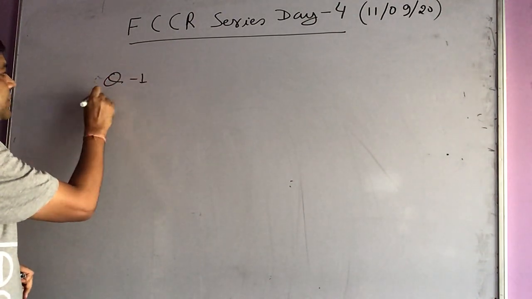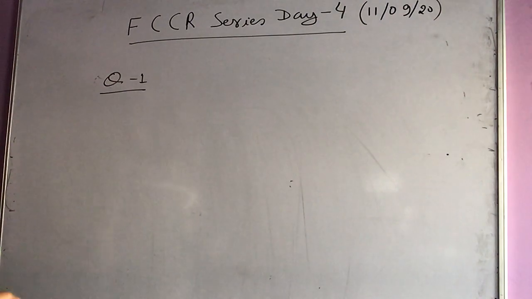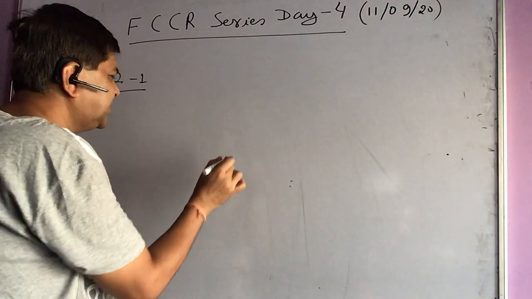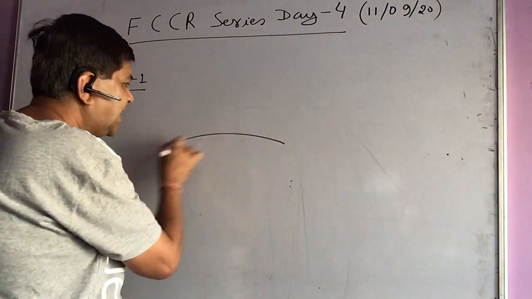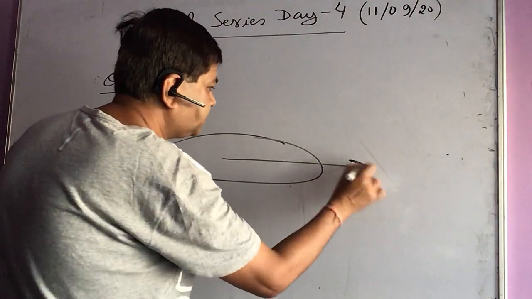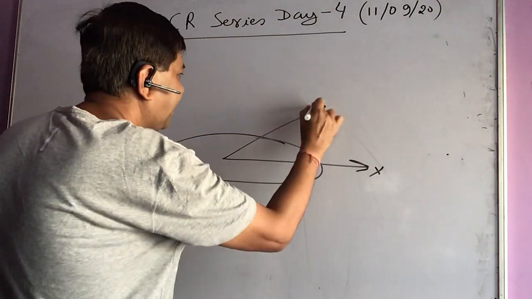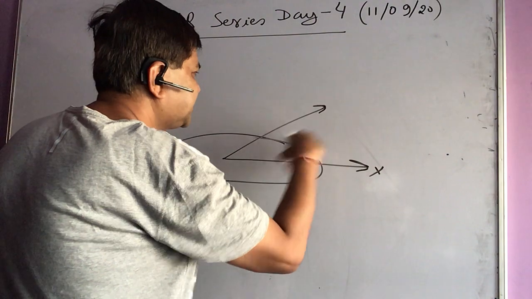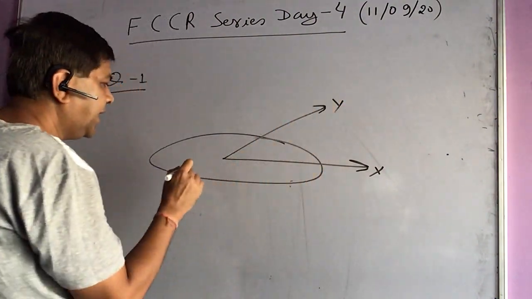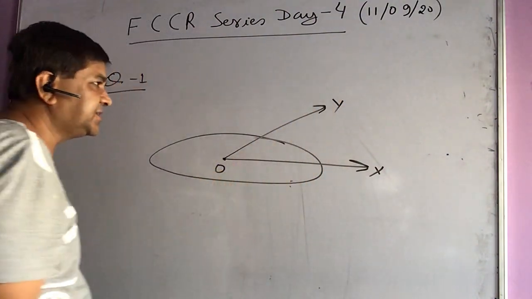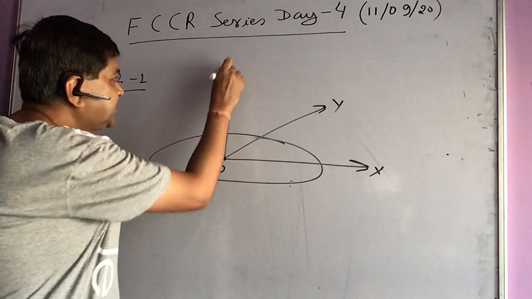So this question 1. We have a large disk lying in the XY plane, and the center of the disk is the origin, and this is the Z axis.